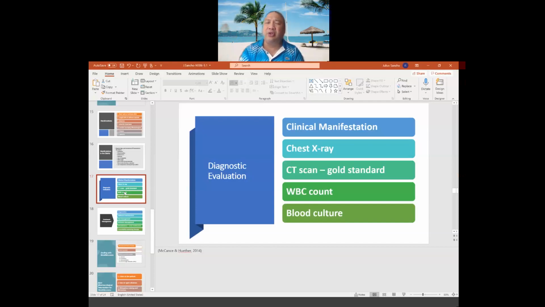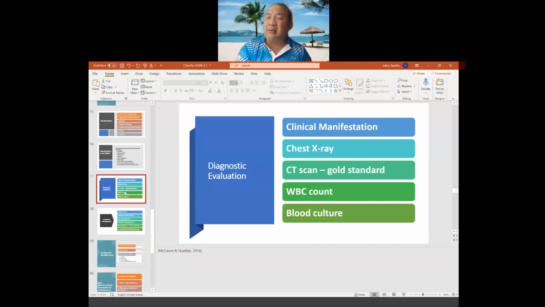So the doctor would usually order a CT scan in some instances because it's pretty much high definition, and they could clearly see if the lungs are affected. So the gold standard for diagnosing pneumonia in the elderly is the use of CT scan.